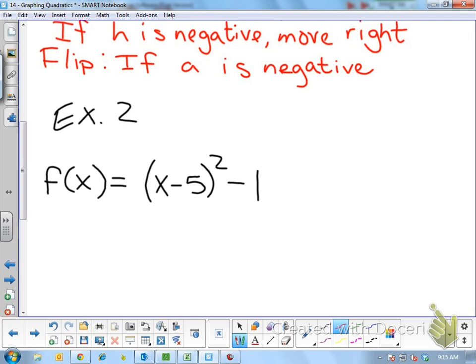F of x equals (x minus 5) squared minus 1. F of x is just another way to say y. It just means the same thing as y. So we're going to graph this function without our graphing calculator.